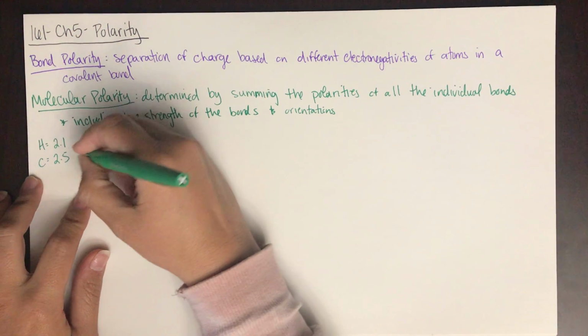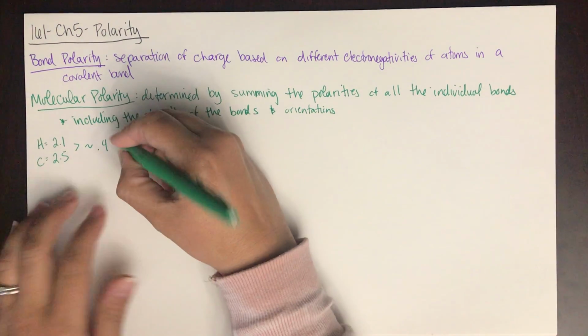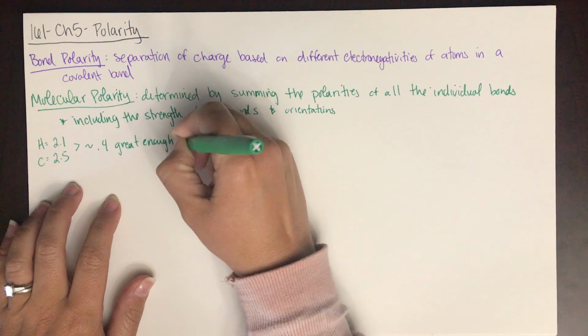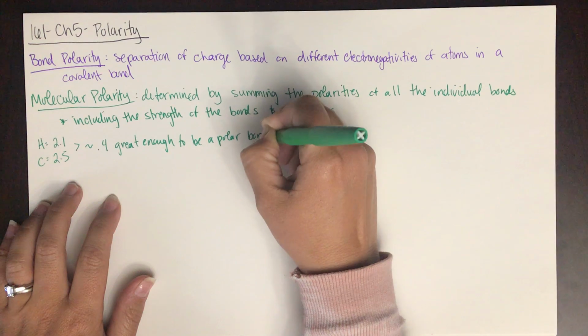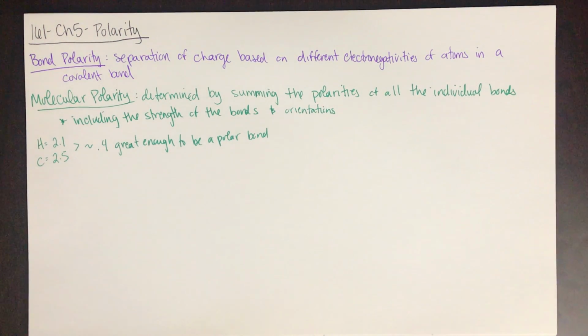So the difference here is about 0.4, but we're going to say that this is great enough to be a polar bond. I know it's right on the border of what the textbook says, but let's just use this as an example.